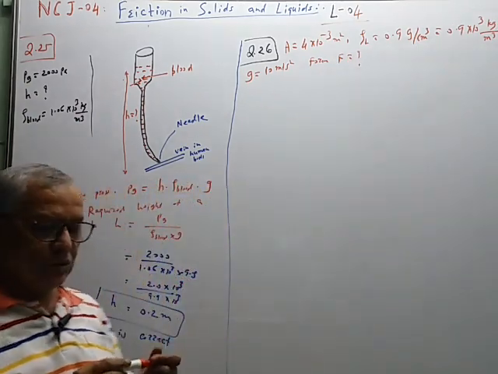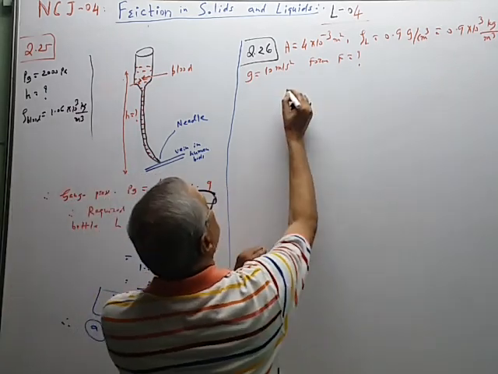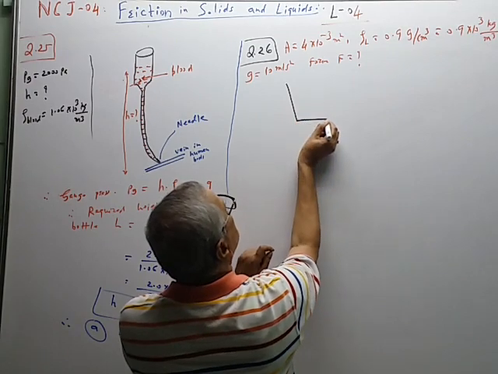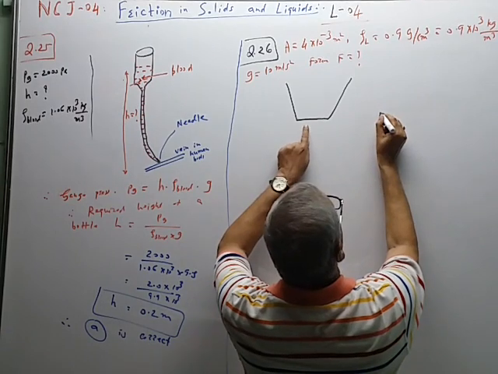So the vessel is conical. So the vessel may be of this type. Or the base area is same.